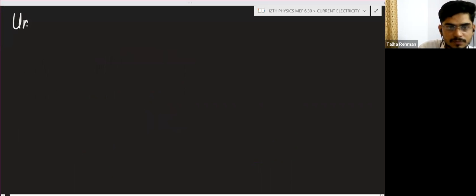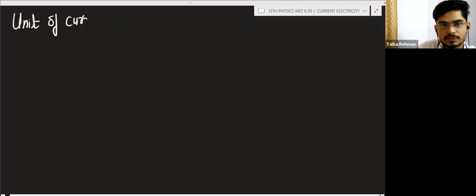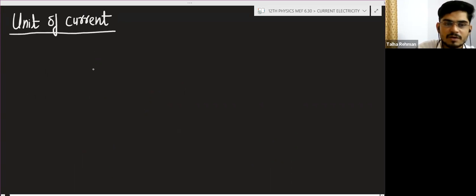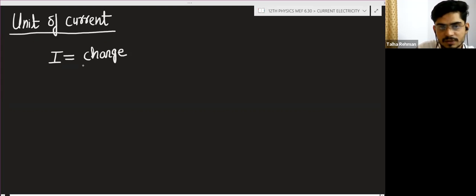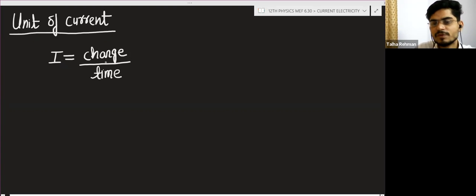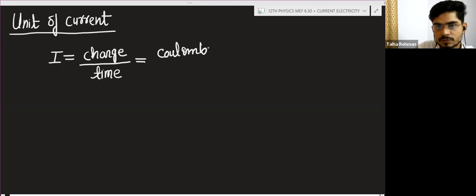Now, unit of current. We know that current is equal to charge flown divided by time, in simple words. We can find the unit with the help of formulas. The unit of charge is coulomb, divided by the SI unit of time.